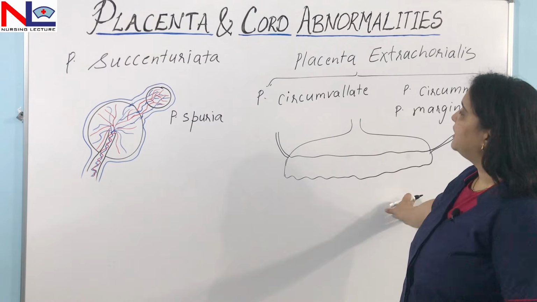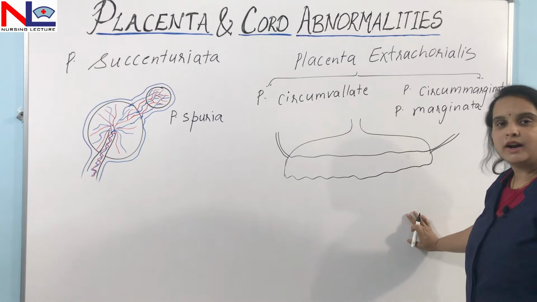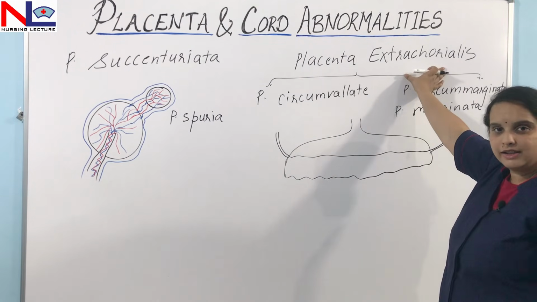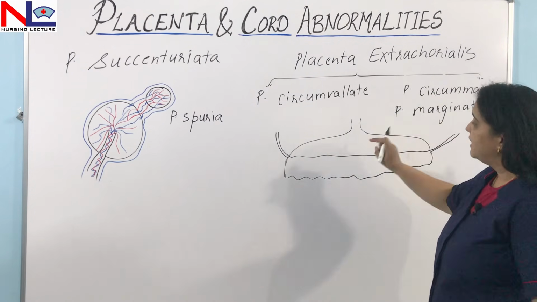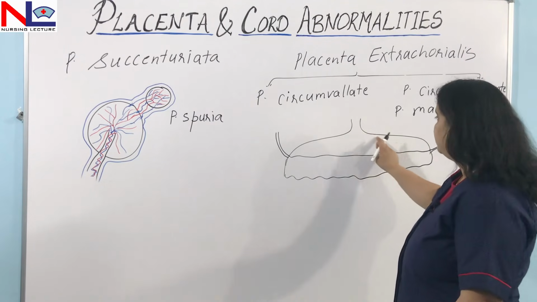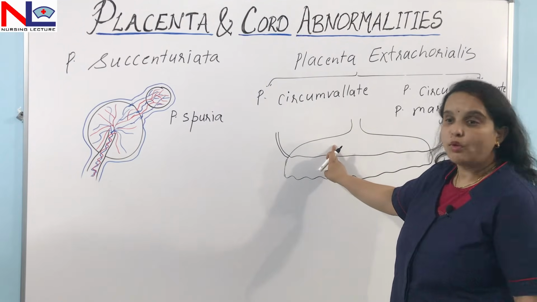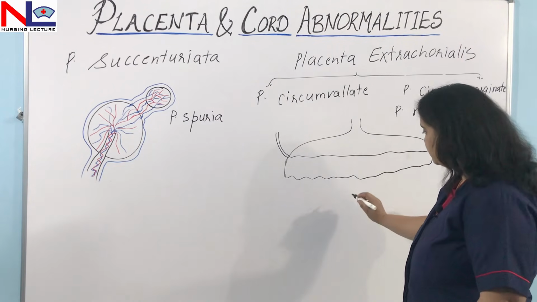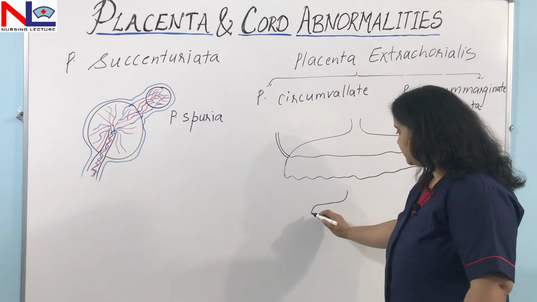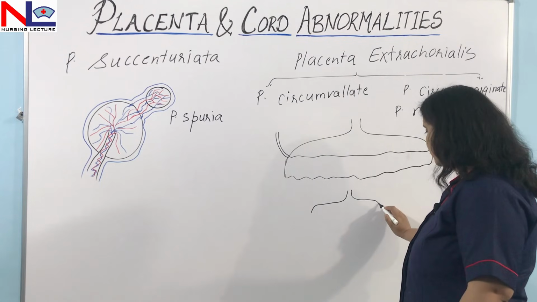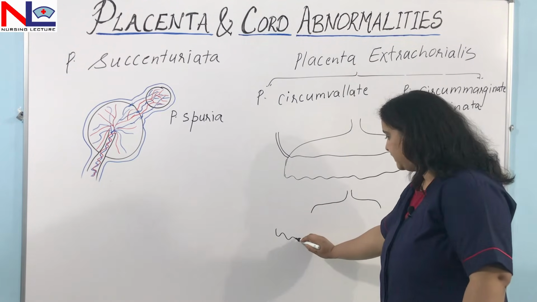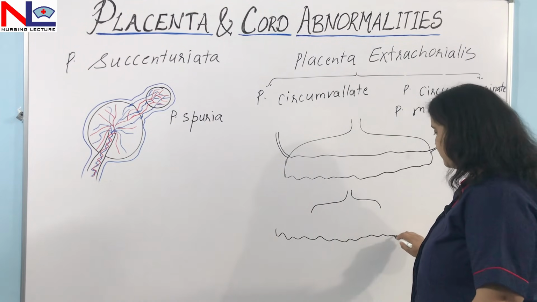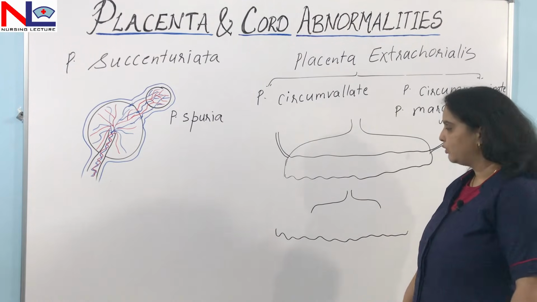But in the circumvallate or circummarginate placenta, or the extrachorialis placenta, the chorionic plate becomes smaller in comparison with the basal plate. Here you can see this is the chorionic plate which is smaller, and there is the basal plate which is larger. This is happening in extrachorialis.